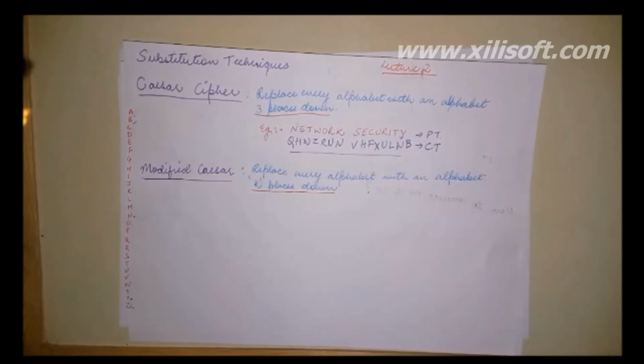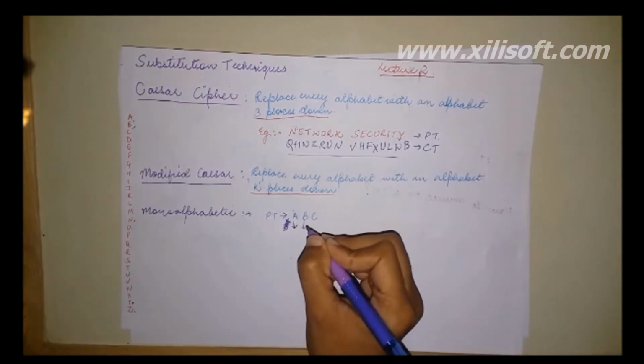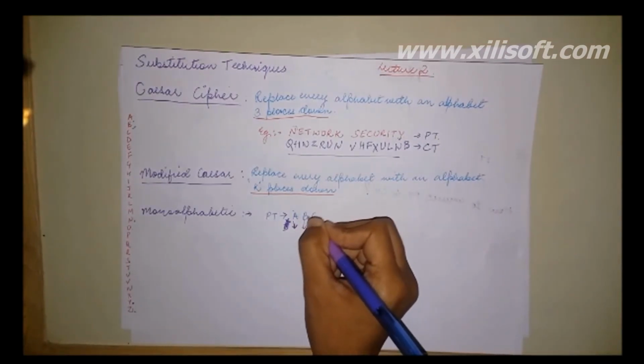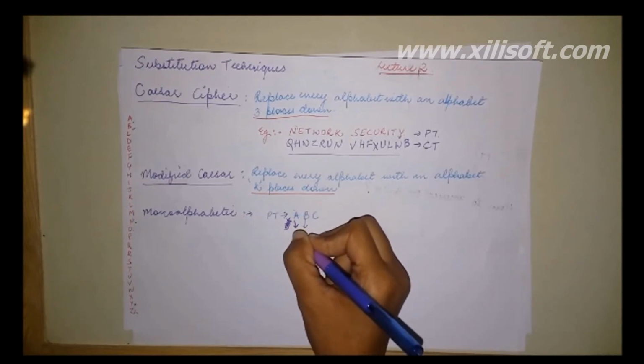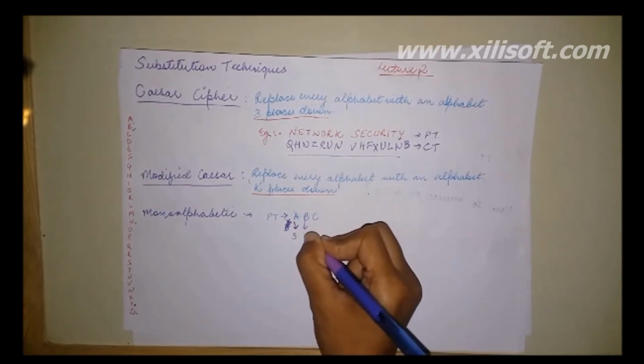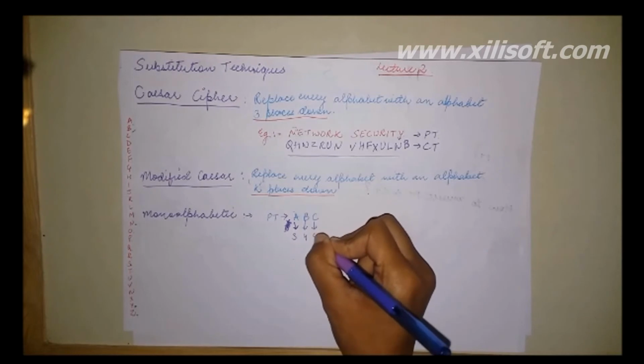The need for more and more complex methods of cryptography increased with time. This monoalphabetic cipher is even more complex to decrypt than modified Caesar cipher. In monoalphabetic cipher, if we are given a plain text ABC, we can replace A 3 places down and B 4 places down and C 8 places down.